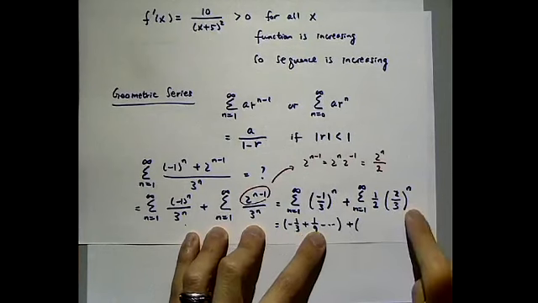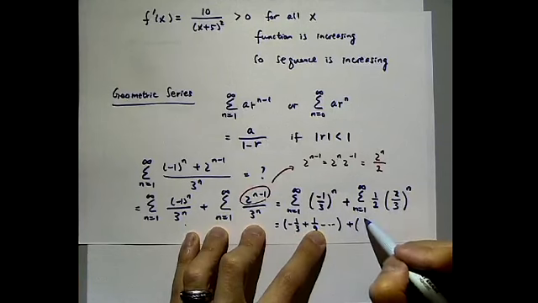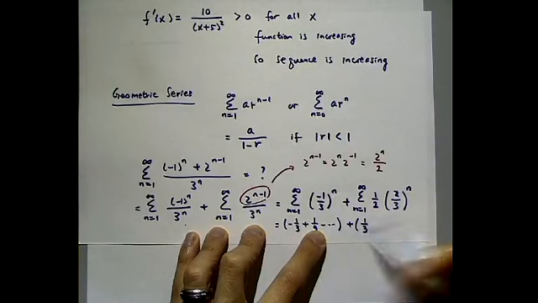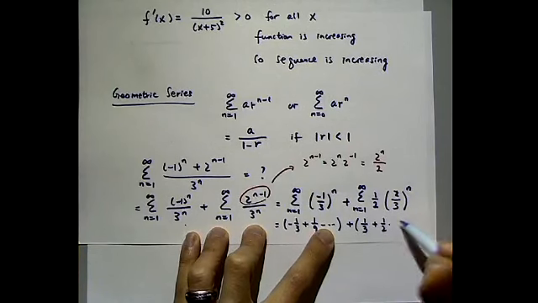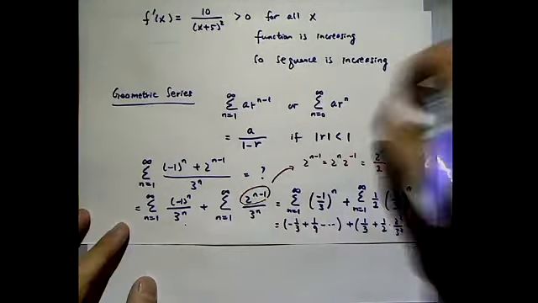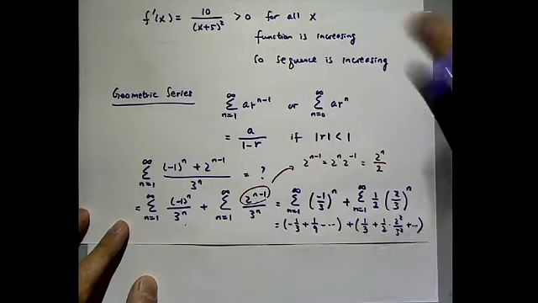The second one here is 1 over 2 times 2 over 3, so that's 1 over 3 plus 1/2 times 2 squared over 3 squared, and so on. So the first term of each of these is the number a.